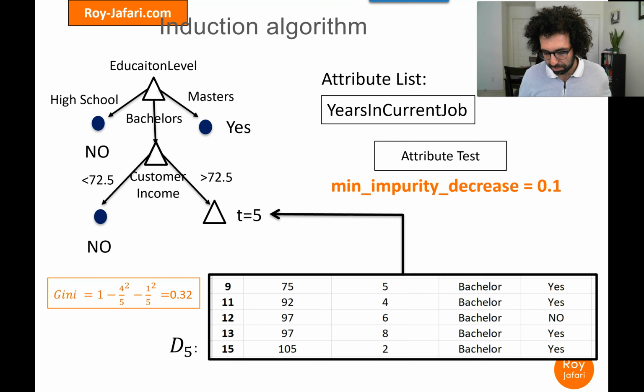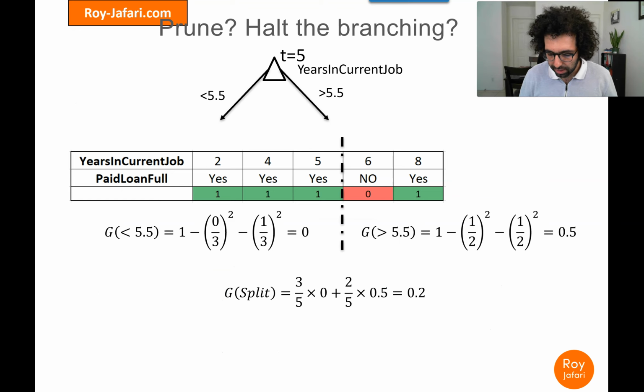Let's see an example. Let's assume that our minimum impurity decrease is 0.1, and we calculate the Gini index, which is our impurity metric, for this subset, and it's 0.32. Then we also calculate the best possible split.